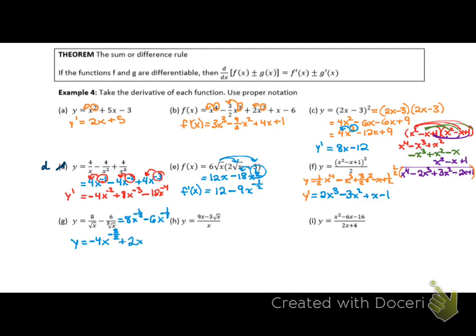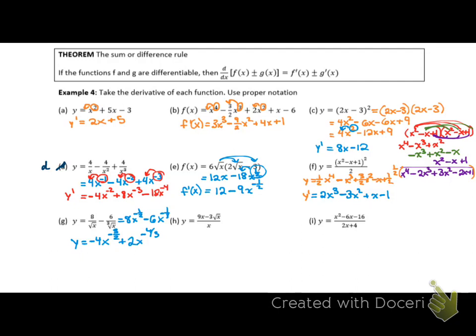And then negative 1/3 minus 1 is negative 4/3. And that's the answer.